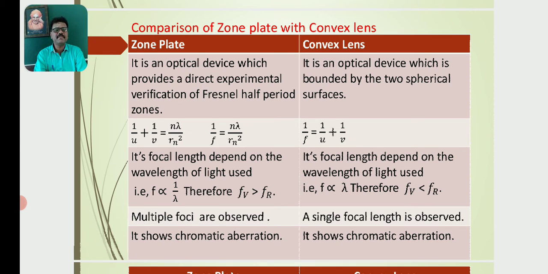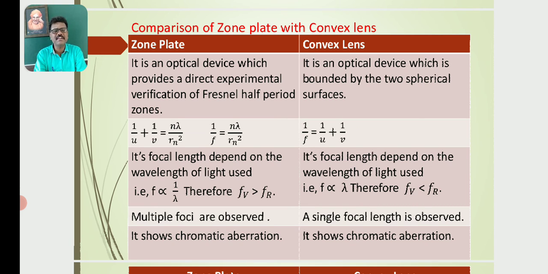In case of a convex lens, the focal length also depends on the wavelength of light used, but in this case the focal length is directly proportional to the wavelength. So for violet color, the focal length is less, and for red color, the focal length is more.